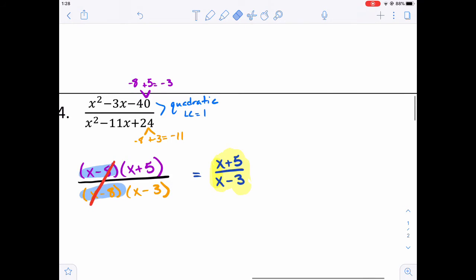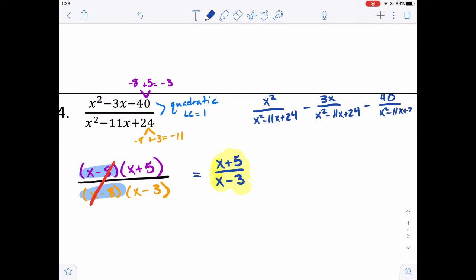So what's really happening here, if we wanted to split this up, is we have x squared divided by x squared minus 11x plus 24, minus 3x divided by x squared minus 11x plus 24, minus 40 divided by x squared minus 11x plus 24. And so when we split it up like this, it becomes really clear, hopefully, that that's not going to simplify.